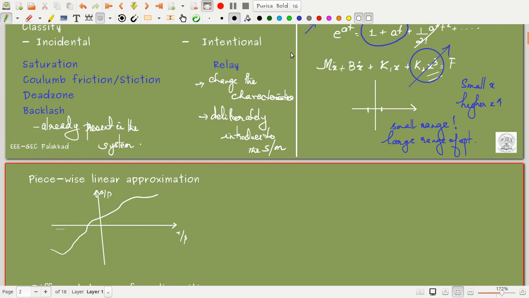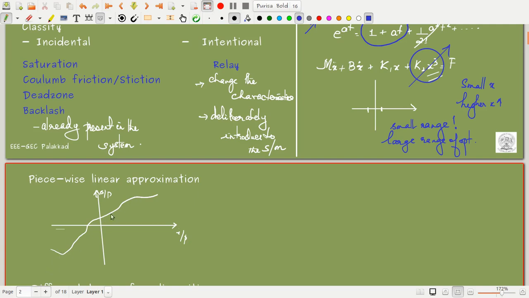If I want to work with this kind of system, this system is nonlinear in nature. So what we try to do is approximate it linearly. How do we approximate it linearly?